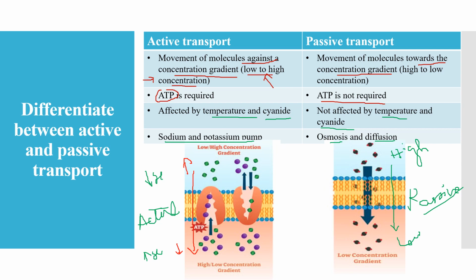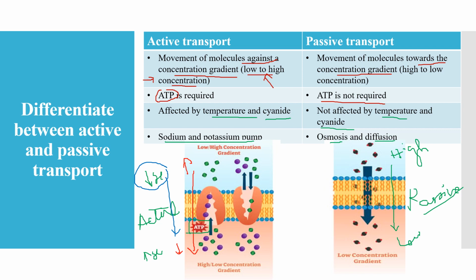So what will happen here? ATP, which is a form of energy, is required, and this ATP is used. By the expenditure of ATP, more molecules are taken in. So by using ATP, the movement of molecules can be against the concentration gradient.